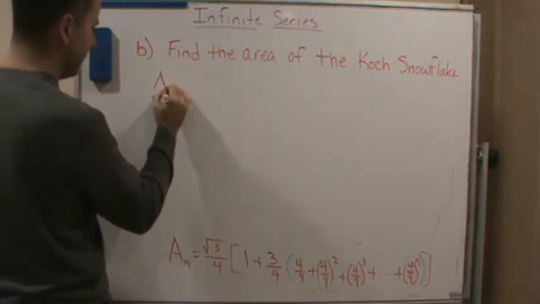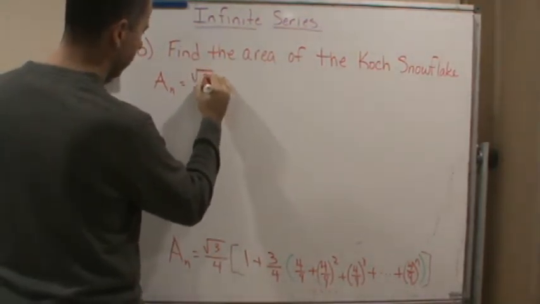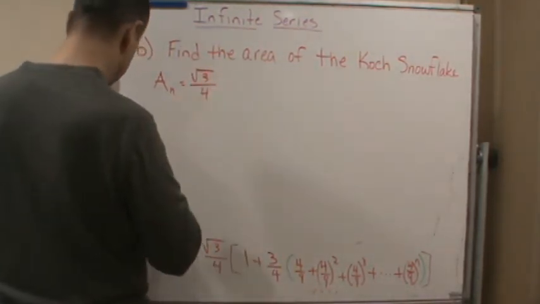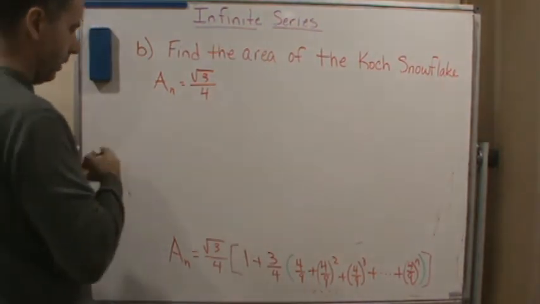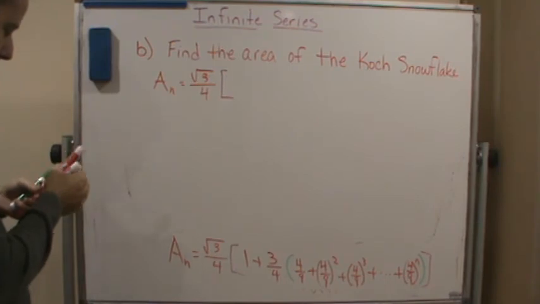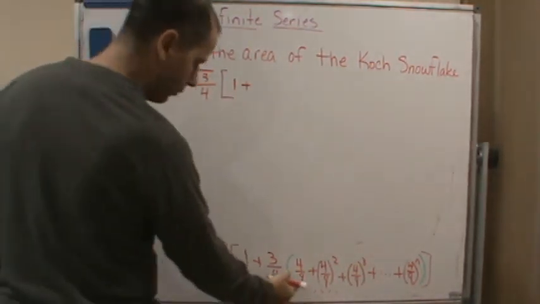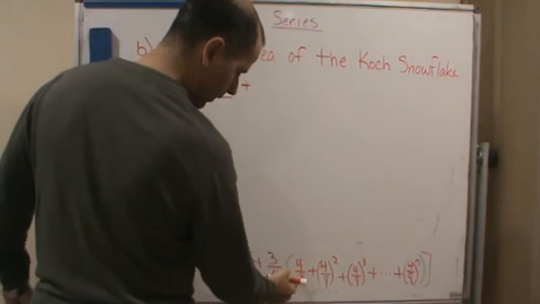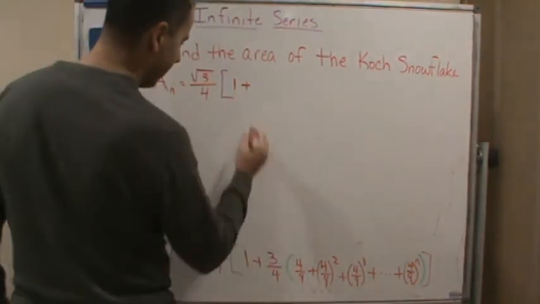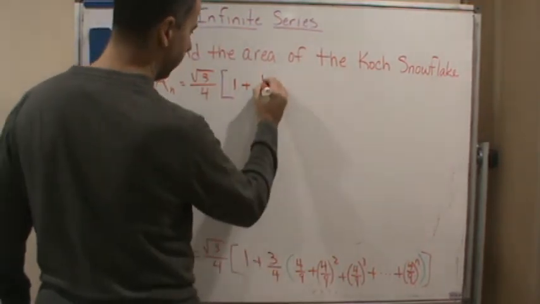So I'm going to write a sub n equals the square root of 3 over 4, and now I'm going to have 1, and I'm going to factor out the 4/9. 3/4 times 4/9 is going to give me 1/3.